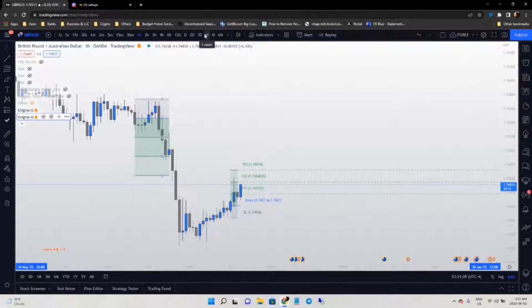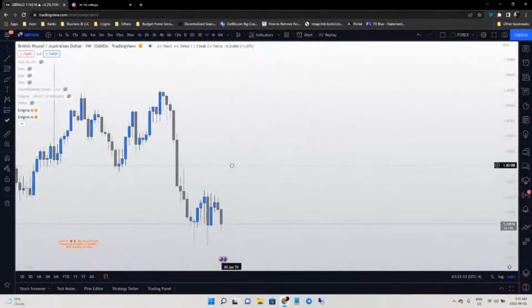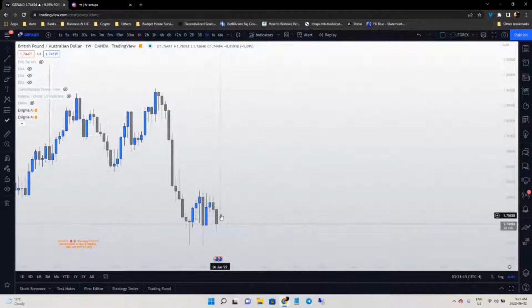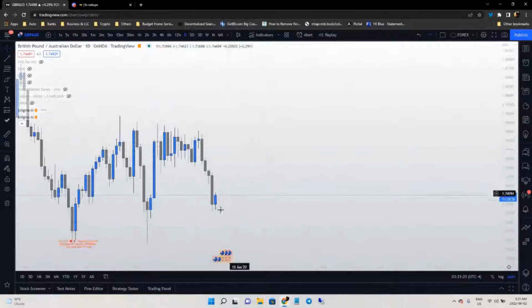So same process, we go on the weekly to see where we're at here in the market. Okay, so this week it was gold bearish. Okay, look at the daily. Right now it's pushing up, but for the last 3 days it was going down.